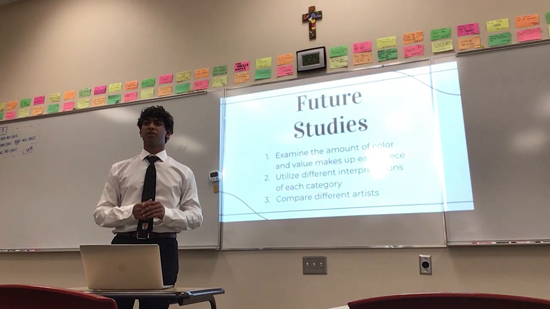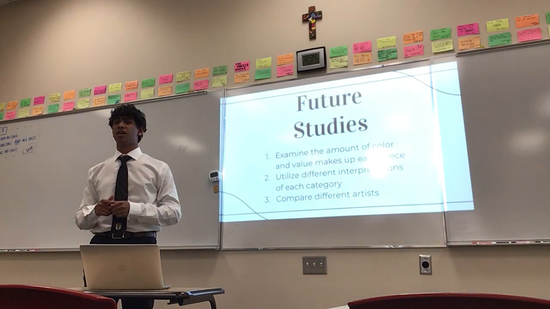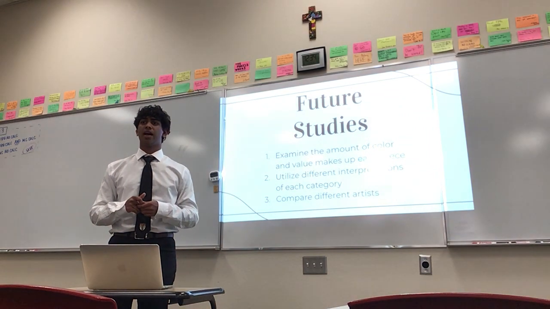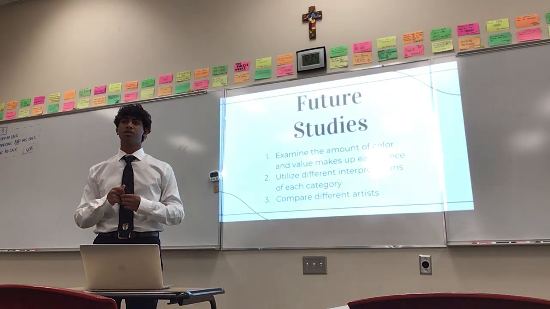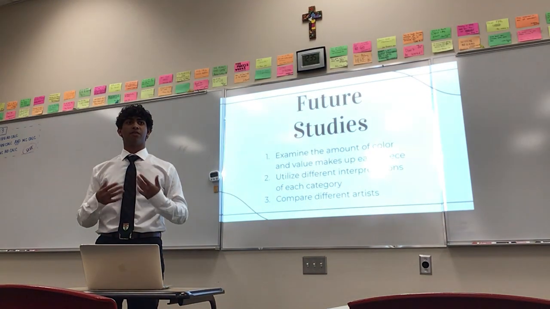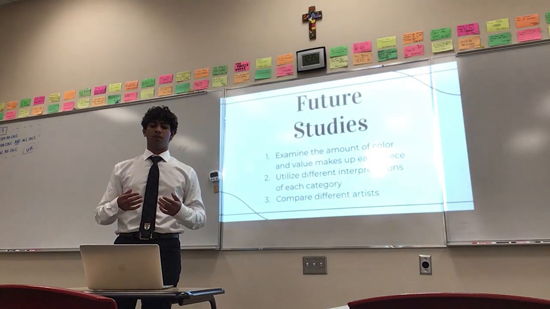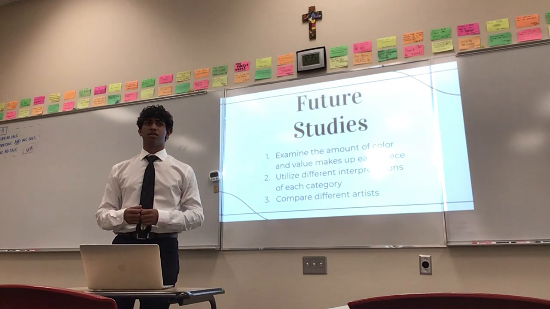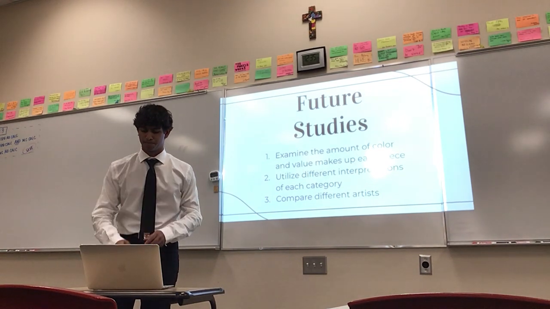And then finally, we could compare different artists, see if their narratives are alike, if they use the same mediums, or whether they utilize a different way of expression, color theory versus gestural abstraction or something like that.